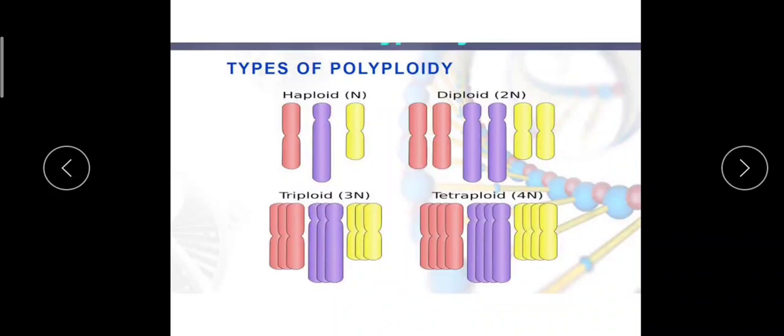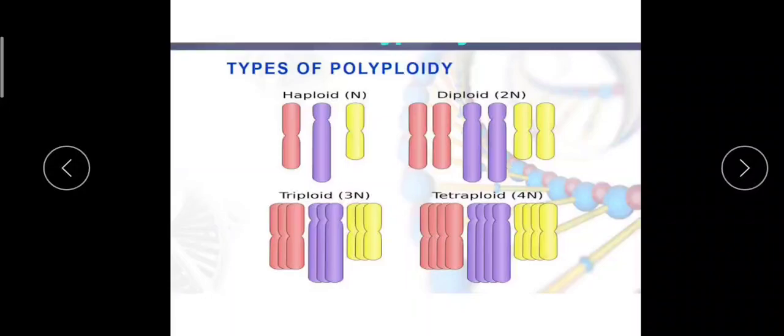But the difference is that wheat is a polyploid species, so here the basic chromosome set is different. It is represented as X, and the monoploid condition X is equal to 7. So in this case the haploid number is 3 times greater than the monoploid chromosome number.